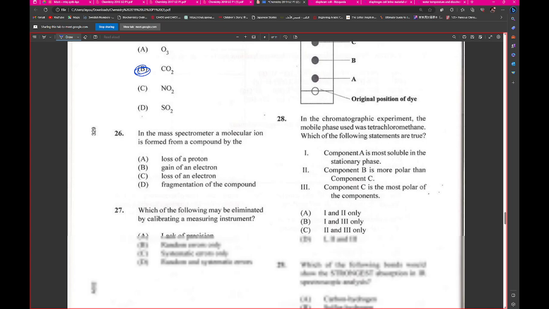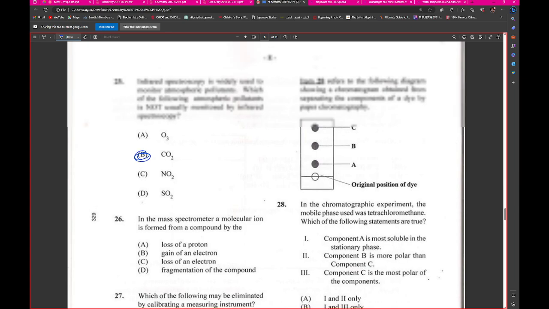Question, sir. Why wasn't it the ozone? Why wasn't it A, sir? Because it specifically said not normally. You're asking why not ozone? Ozone can be a pollutant, but it's not generally referred to as an atmospheric pollutant like that.